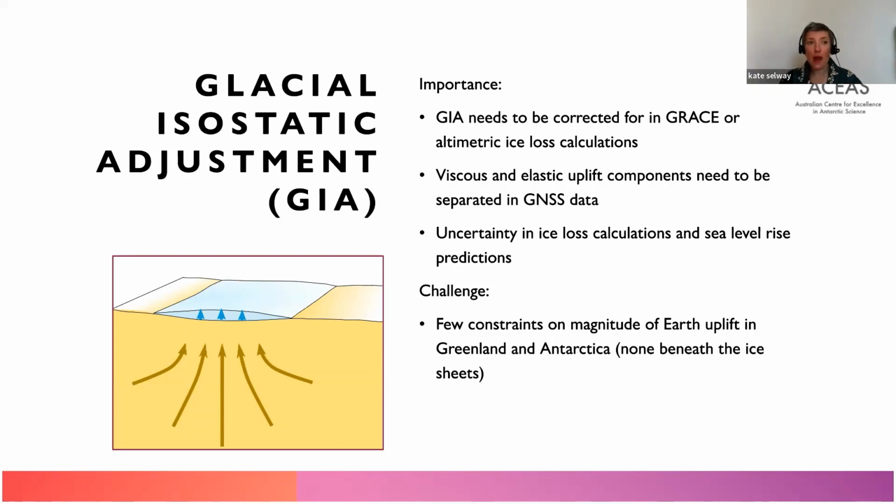But this has become a question that has a lot of practical importance, because we really need to understand this GIA so that we can have accurate models of exactly how quickly ice is melting. And that's because we need this GIA correction in ice loss measurements from gravity GRACE data or from altimetry data.